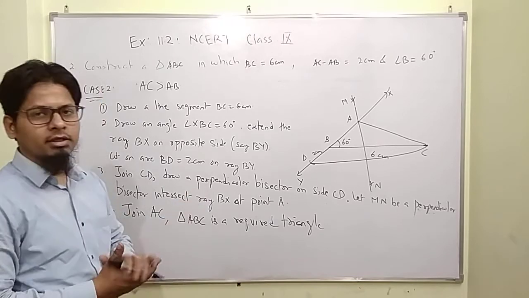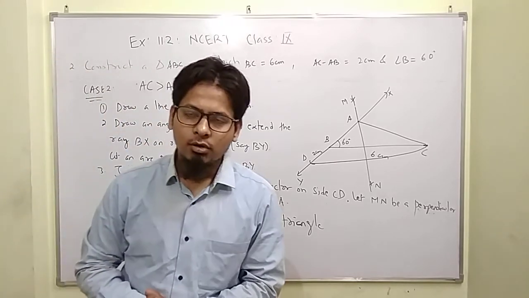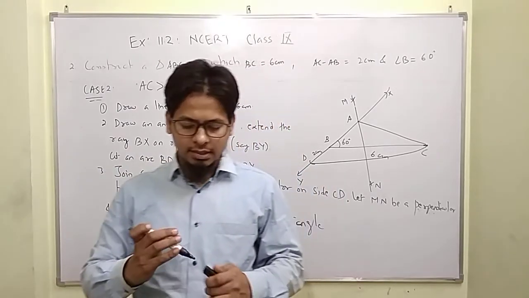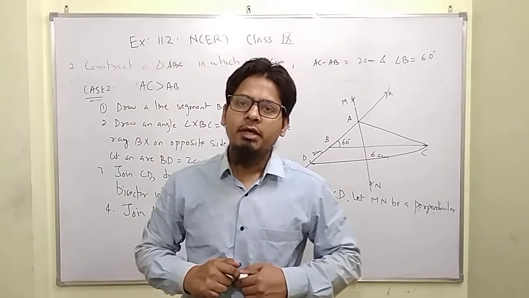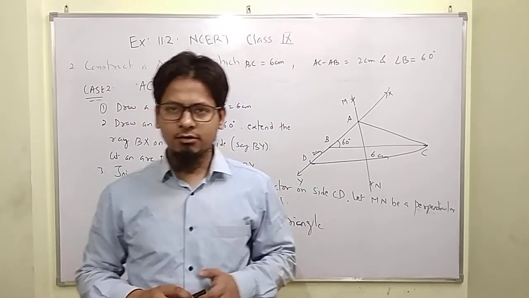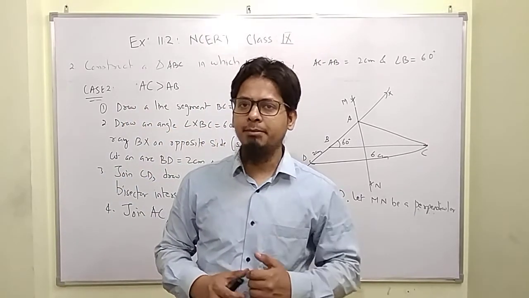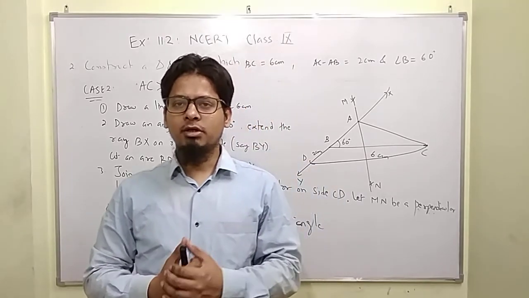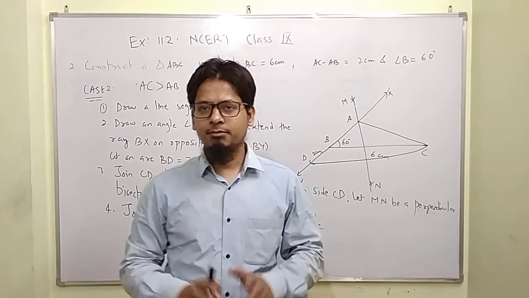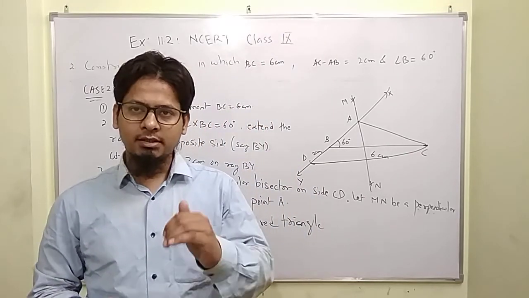Now class, in the revised syllabus of the chapter Construction, another type, in which the perimeter of the triangle and the two base angles are given, has been deleted from your curriculum. Whatever we have studied so far is in our curriculum.